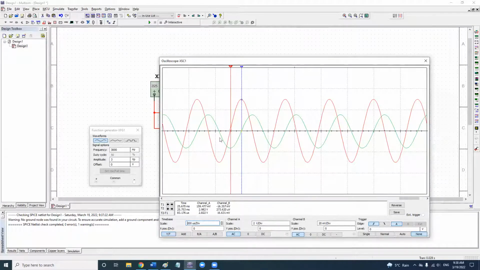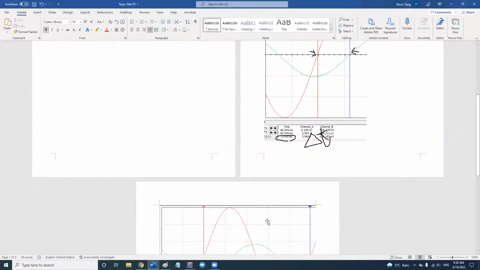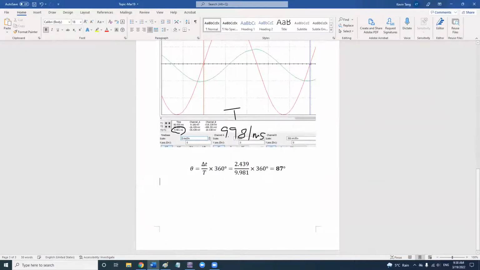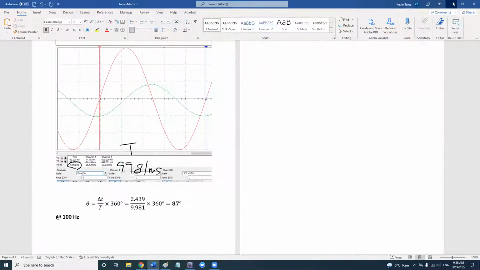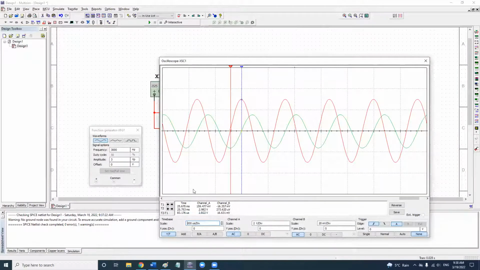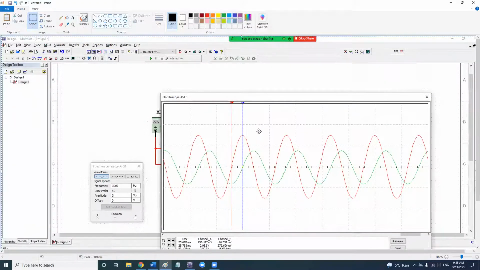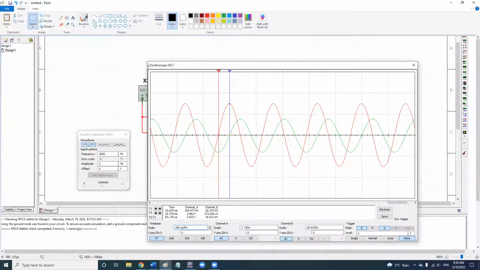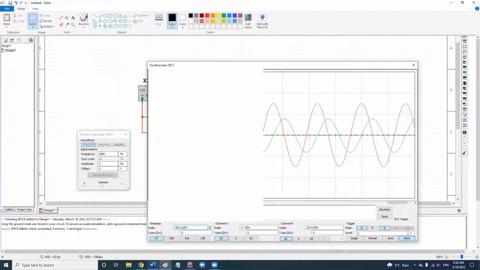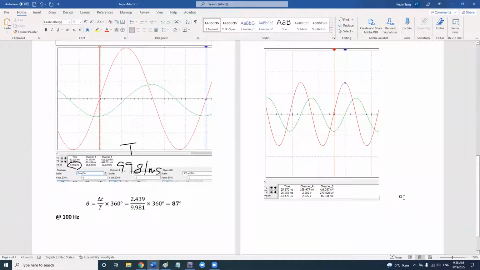So this time I have 83.176. So this is when I add 100 hertz. Okay, so when I increase the frequency to 3000 hertz, now my delta T is equal to 83.176 µs at 3000 hertz.